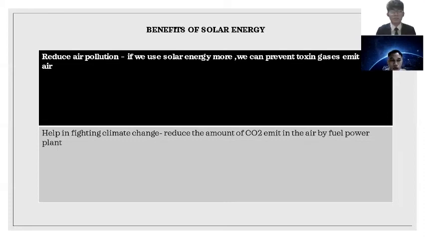When they do this procedure, they emit carbon dioxide into the air. Because of that, if we use solar energy to create electricity instead of using fuel from power plants, we can reduce the amount of carbon dioxide emitted into the air and reduce the effect of global warming.